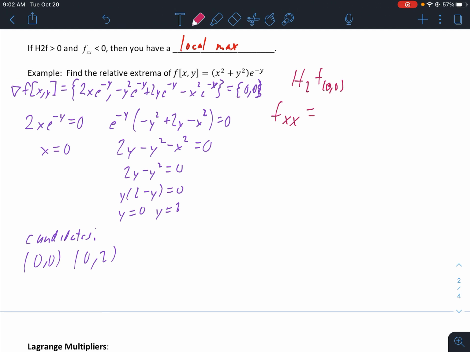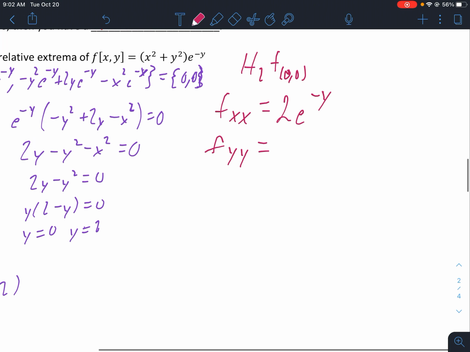The partial derivative of 2x e to the negative y with respect to x is just 2e to the negative y. The second partial derivative with respect to y, we'll have to do some work.